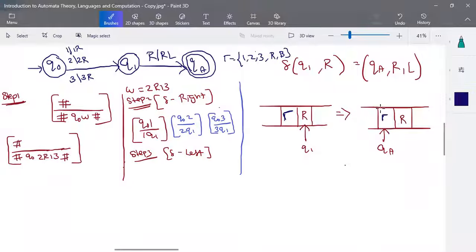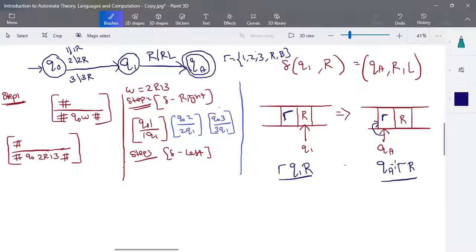When you want to write an instantaneous description for this, your QA has to be added here. So after transition, it will look like this: QA, tape element, followed by R. And before transition, it is the tape element with your read head focused on it, so to the prefix of it we have to add the state. It is Q1 R. So this is before transition and this is after transition.